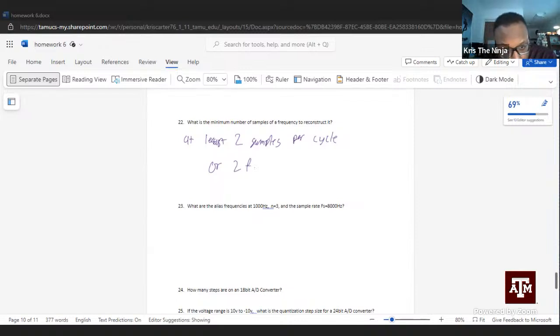8000 hertz sample rate. Higher than fn. Okay, so fn equals 100 hertz, fs equals 200, n equals 1, f 1000.